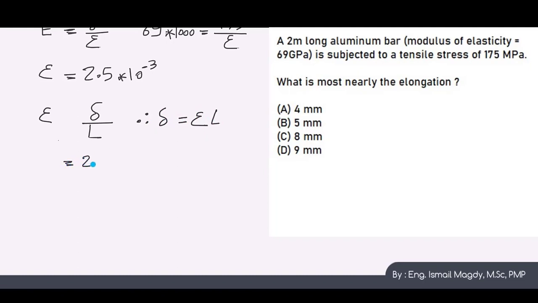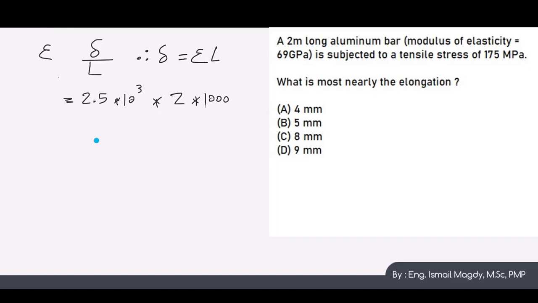So this will equal 2.5 multiplied by 10 power minus 3 multiplied by 2. This is 2 meters. Let's multiply it again by 1000 to convert it to millimeters, and it is logical that the elongation will be a very small value. So solving this equation, we come up with the value of 5 millimeters. So the answer is number B, 5 millimeters.